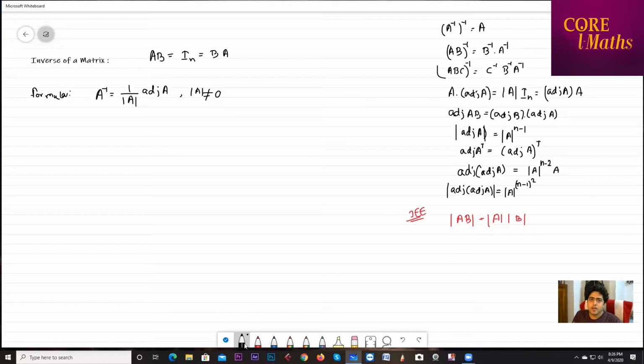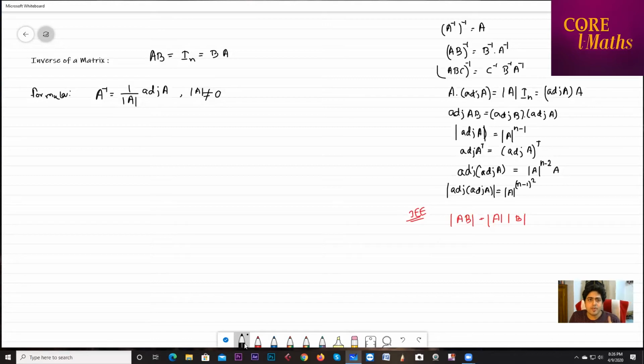Am I right? So if any square matrix is given, you can find its inverse only if it follows the property of invertible, right?